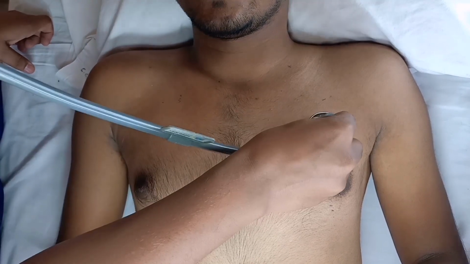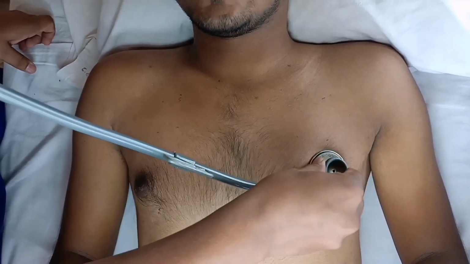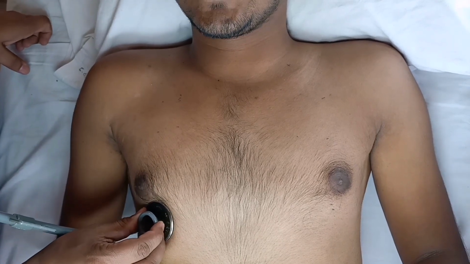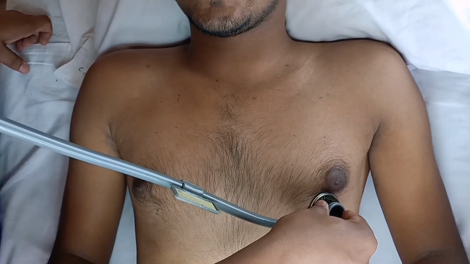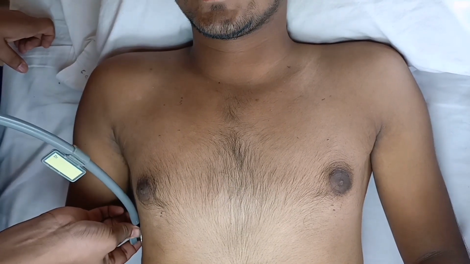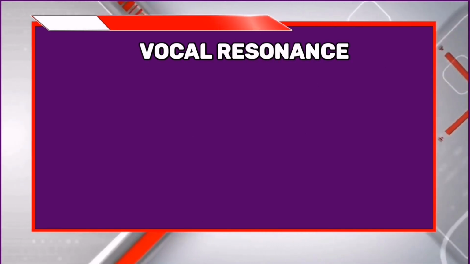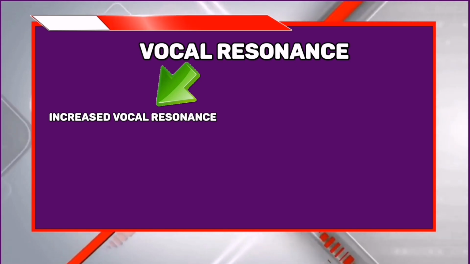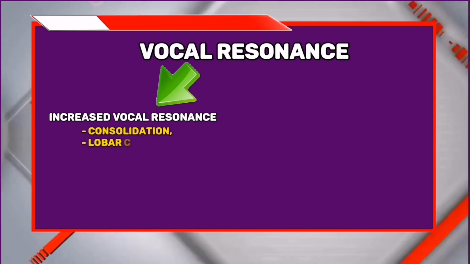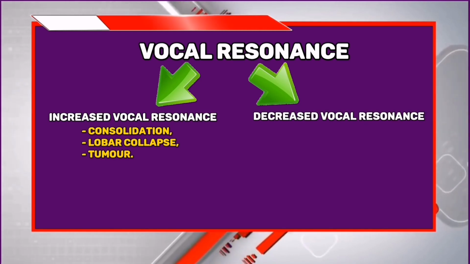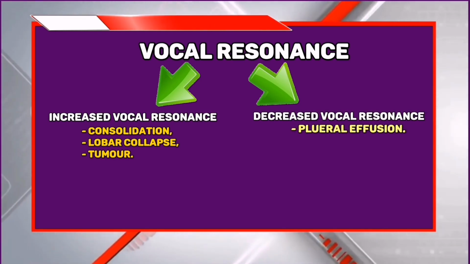This test is done to examine vocal resonance. If it hears increased vocal resonance, it's due to consolidation, lobar collapse, tumor. If it hears decreased vocal resonance, it's due to pleural effusion.